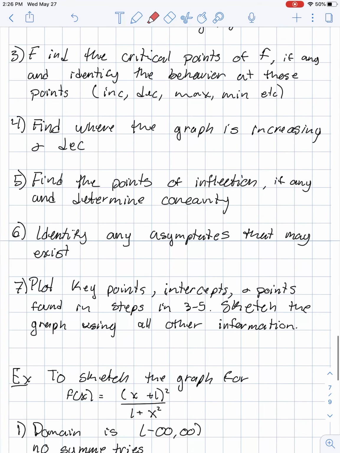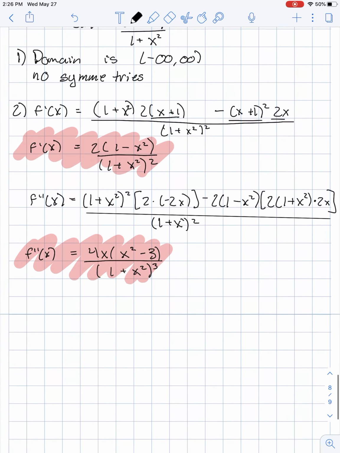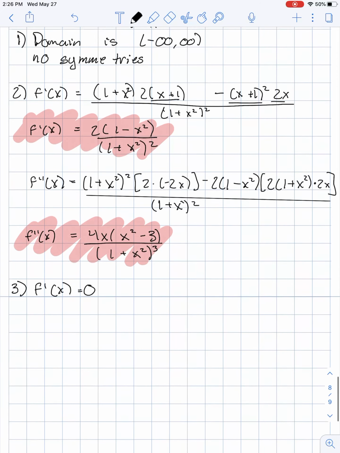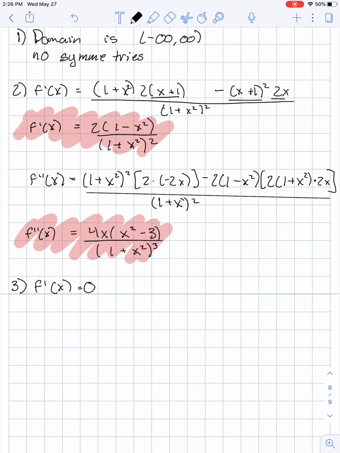Okay, so step 3 is to find critical points of f, if any, and identify the behavior of those points. So now we are going to set the first derivative equal to 0 and also find where it is undefined if possible. So we're going to set 1 minus x squared over the denominator equal to 0.